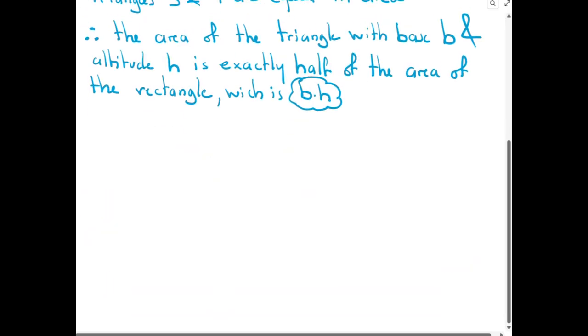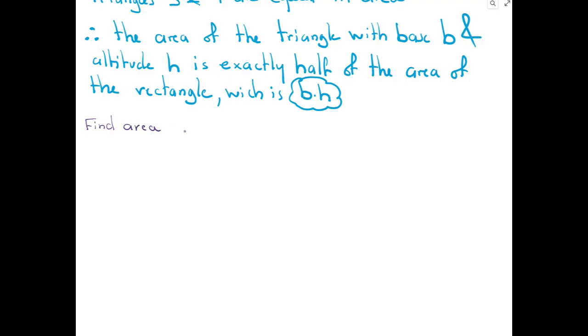So now let's see, what if we have a triangle? We're going to find the area of a triangle in the format SAS, right? So we have two sides and the angle between them.